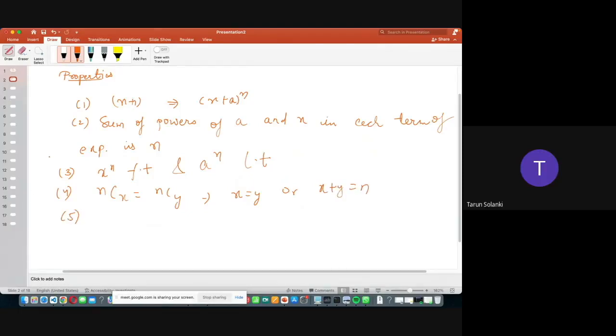Next part, you can say the binomial coefficients in the expansion of (x plus a) to the power n equidistant from the beginning and the end are equal. Next point, nC(r minus 1) plus nCr, so that becomes (n plus 1)Cr.